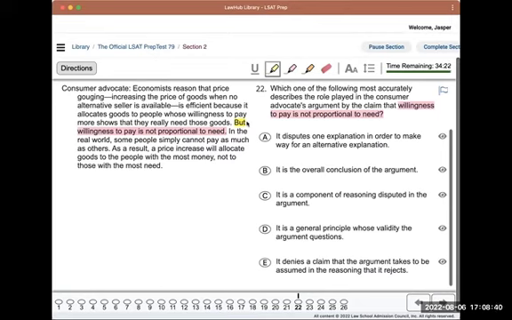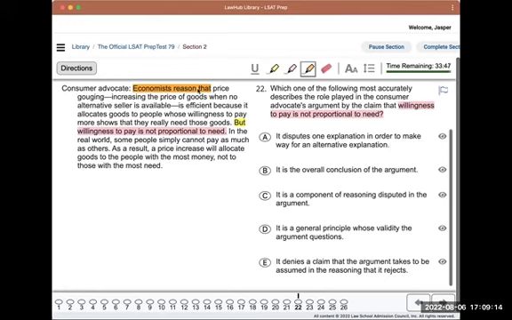Consumer advocate says that economists reason that, and here we have some people say, economists reason, that's equivalent to that phrase some people say. Economists reason that price gouging, increasing the price of goods when no alternative seller is available, is efficient because it allocates goods to people whose willingness to pay more shows that they really need those goods. But willingness to pay is not proportional to need.